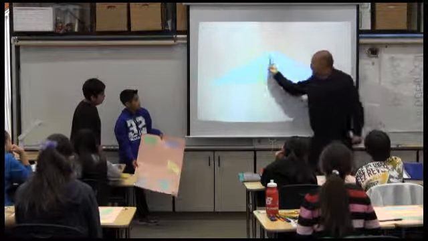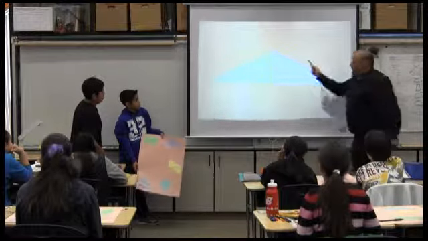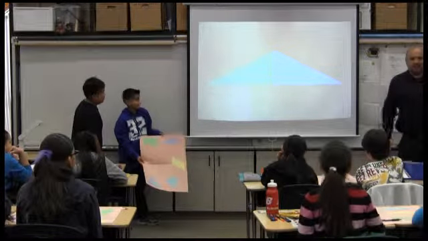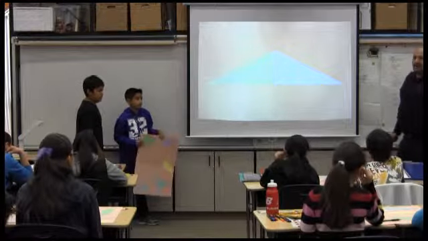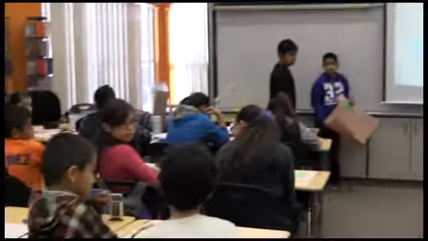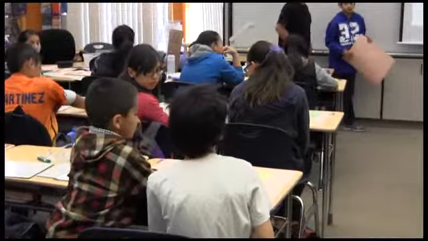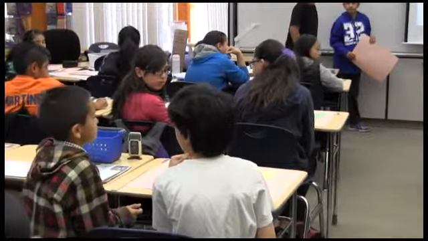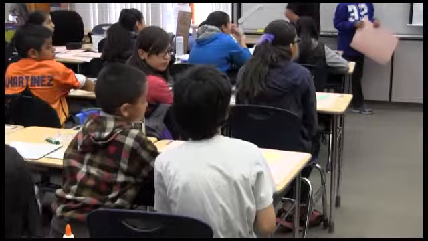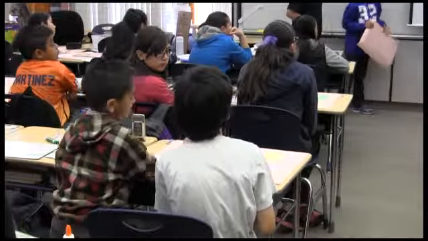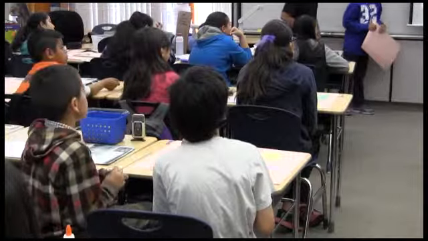What about the angles? Did you measure the angles? Not yet. Did anybody measure the angles? Eduardo, what did you guys get? On the isosceles obtuse triangle, we got at the top 120. 120. On the two corners, we got 30. 30 and 30.